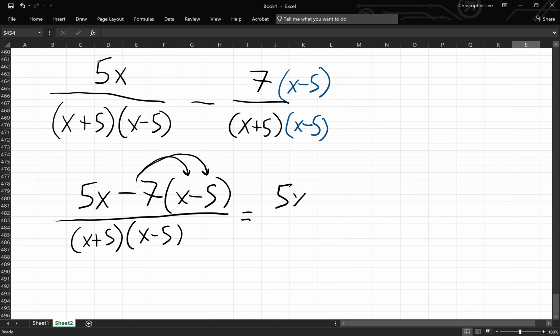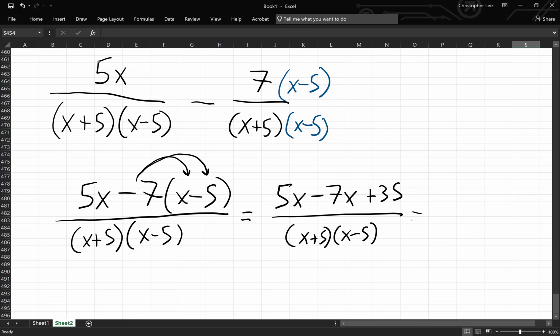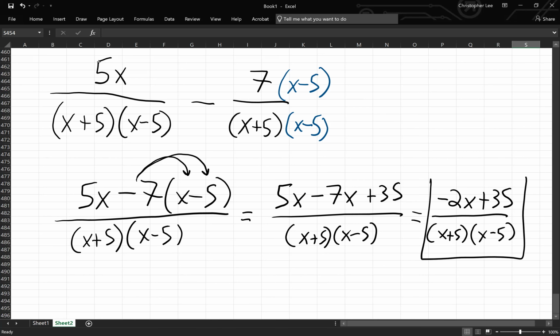So I have 5x minus 7x, a negative is positive, 35, all over the x plus 5, x minus 5. Let's combine like terms. Let's see what happens. I have negative 2x plus 35 all over the x plus 5, x minus 5. And that's it. That's the whole question.